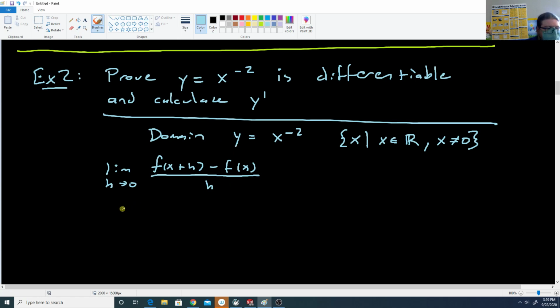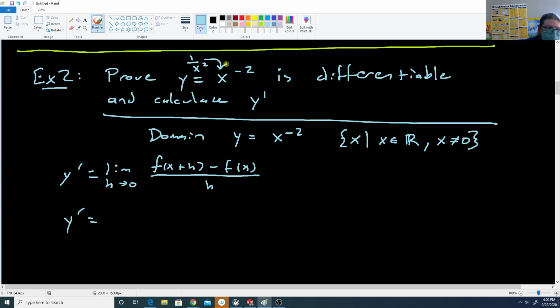If we can prove that this limit exists for all the x's like this, then we'll have proved that we're differentiable, and we'll have calculated y prime. So y prime is going to equal f of x plus h for x to the negative 2. Remember x to the negative 2 is the same as 1 over x squared.